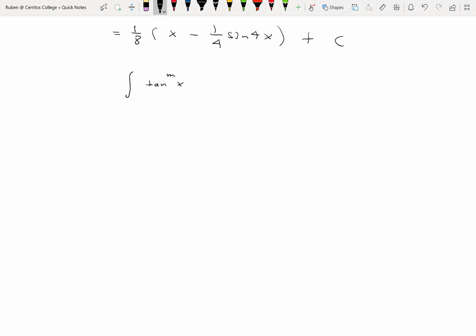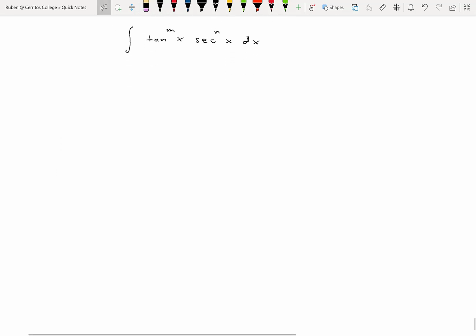The way your author writes the general case is tangent m, mth power, secant nth power. Now we're going to need at least 5 things from either trig or calculus. So I'm going to write those things we're going to need.